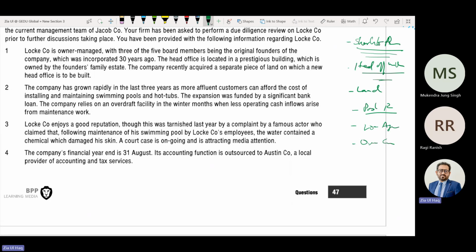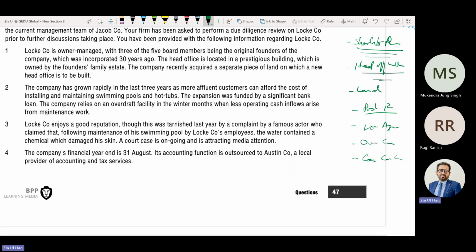What document are you going to see relating to this matter? Court case copy. We need to check the severity of the case to see how it is going to affect the repute of the business, because the repute could also affect the future profitability and future revenue of the business.